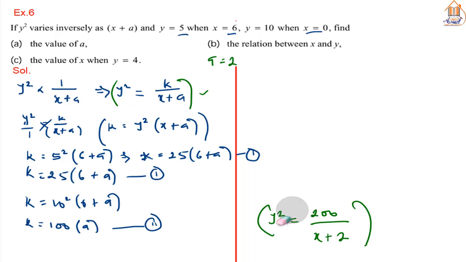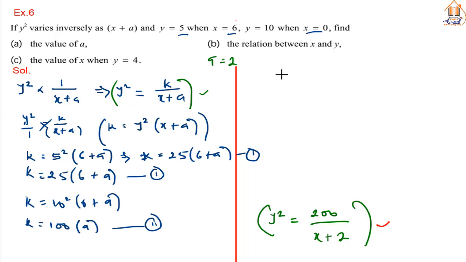The c part of the question says that we should find the value of x when y is equal to 4. Now we're going to substitute y is equal to 4 in this equation.